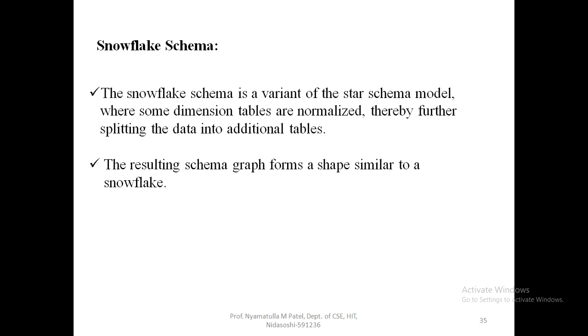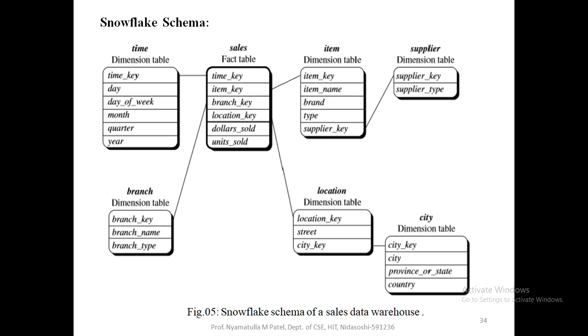Now, what is the major difference between the snowflake schema and the star schema? The major difference is that the dimension tables of the snowflake model may be kept in normalized form to reduce redundancies. In the star schema, there are some redundancies with respect to the location we discussed.